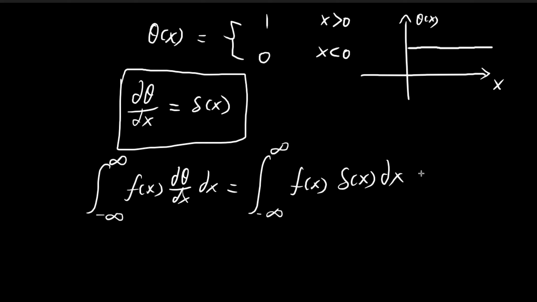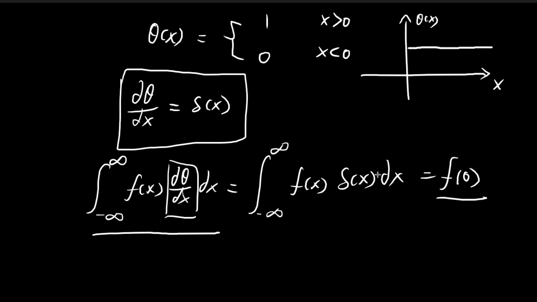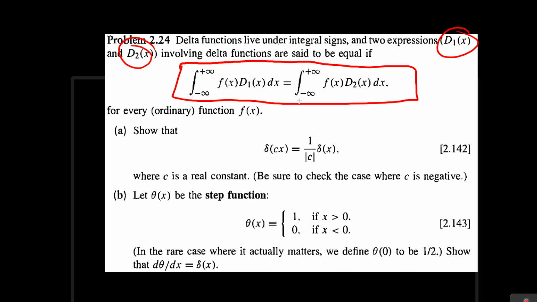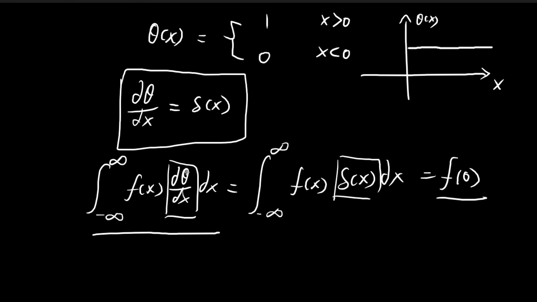And we know that this integral is equal to f of 0. So if we can prove that this integral is equal to f of 0, then we would have established the fact that d theta dx is equal to delta of x, just as stated in this rule over here. So let's focus on this integral now.